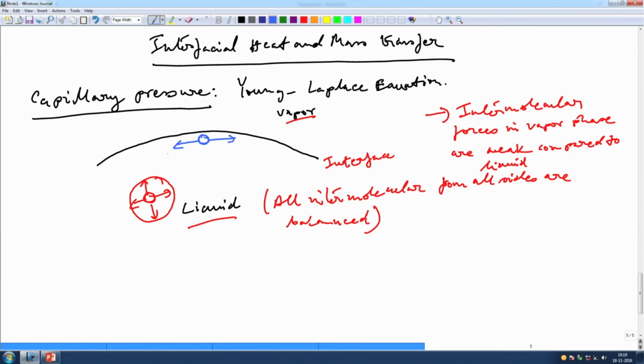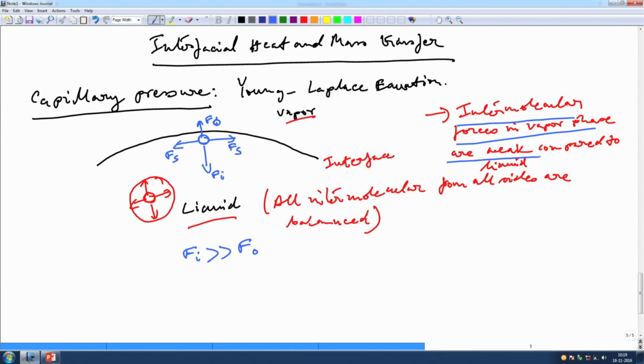On the two tangential sides, that is Fs, most likely it is in a balanced condition because it is within the liquid. Whereas, if we look at this as F0 and this as Fi, this Fi, which is the pull exerted by the liquid phase on the molecule, is sufficiently large compared to the pull exerted by the vapor, because the intermolecular forces in the vapor phase are weak.